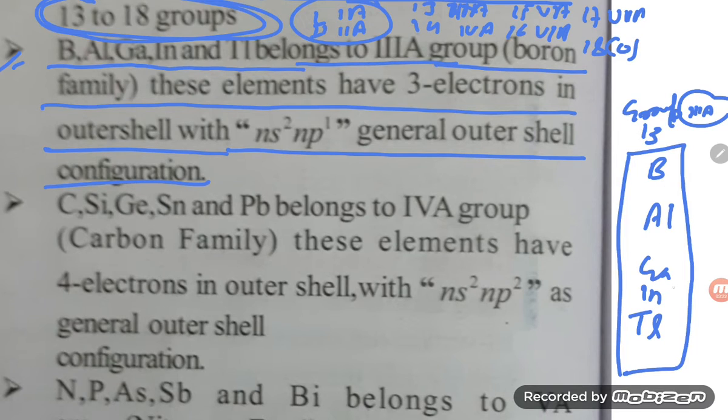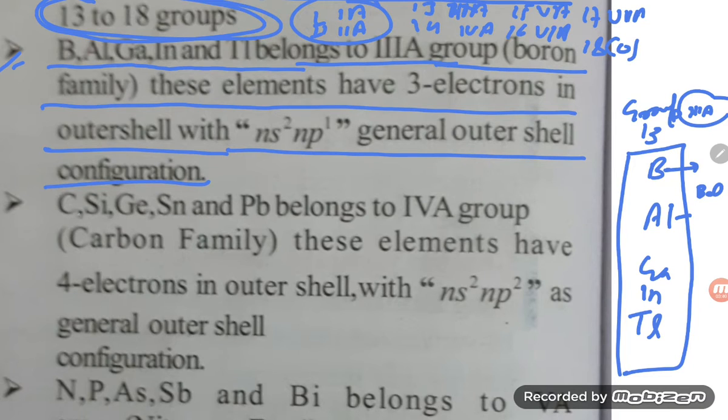Bal, Gangadhar, Indian, Tilak: B for Bal, AL for Bal, GA for Gangadhar, IN for Indian, TL for Tilak. So we memorize group 13 elements like that.